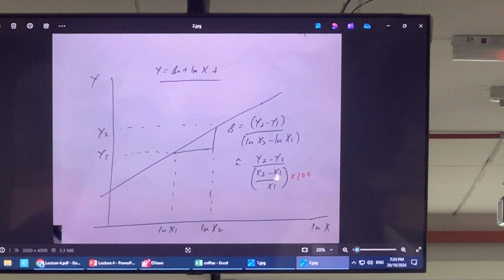If you want to interpret this as percent, you multiply by 100 here, but the whole coefficient you have to divide by 100, because only the lower part changes. Understand?